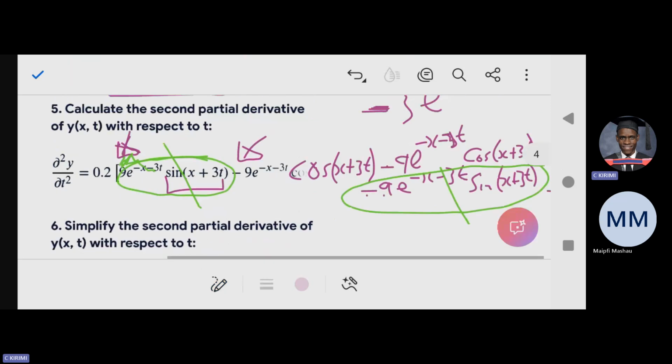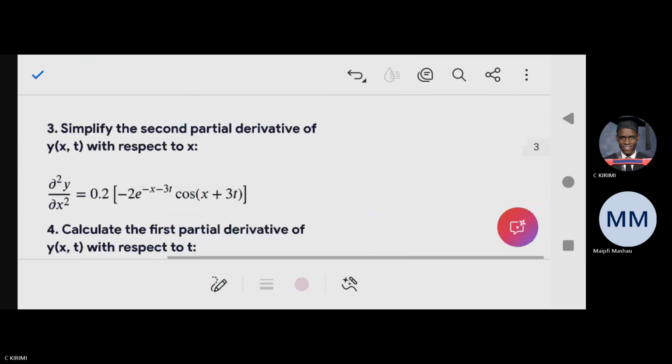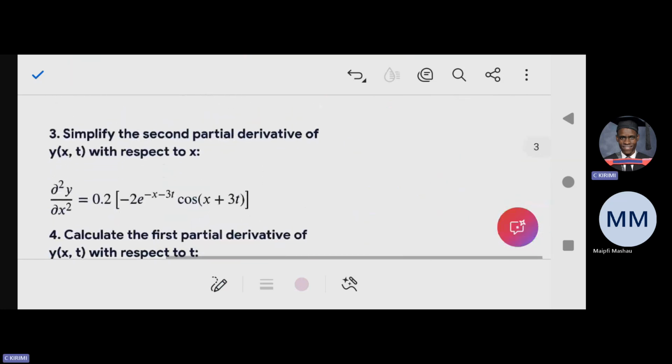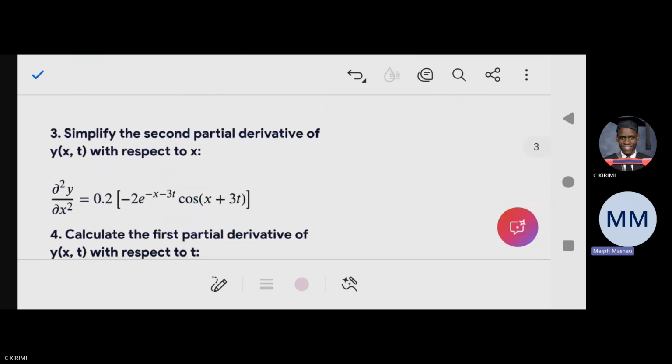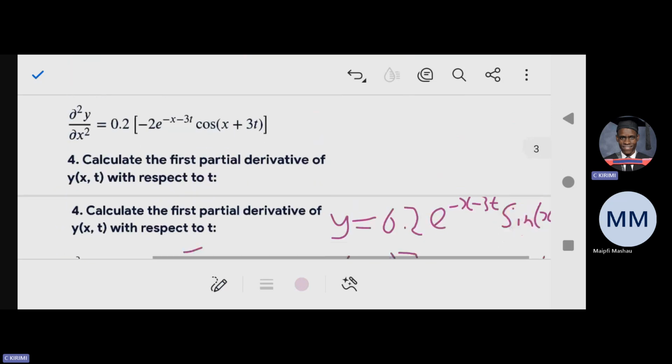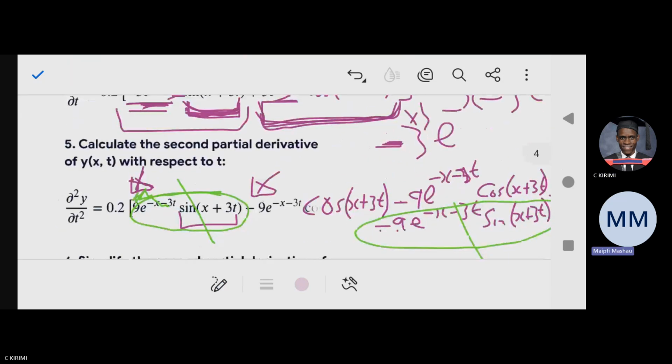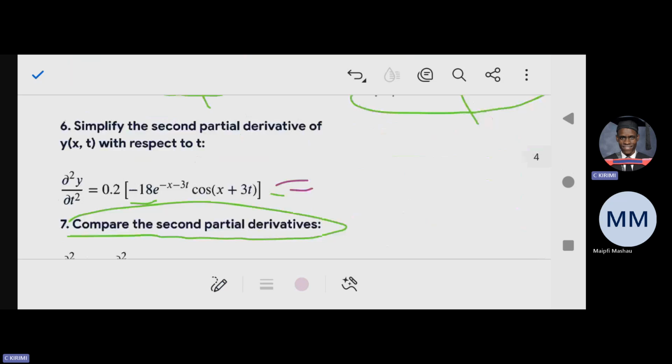What did we have on the right? This one, 0, comma 2, multiplied by negative 2e to the power cos 3x plus t, with respect to x. Everything is the same, which is 0, comma 2.